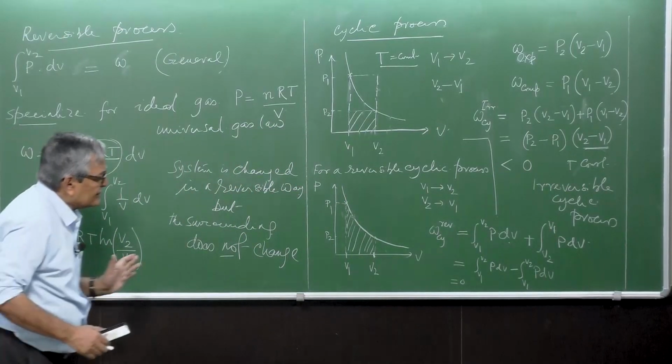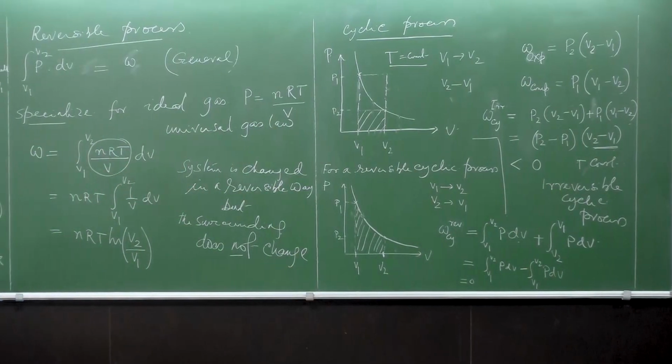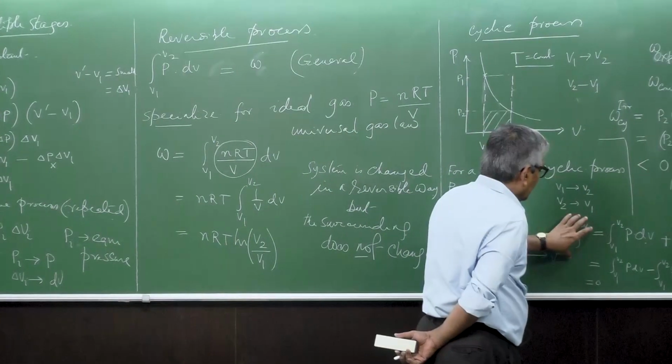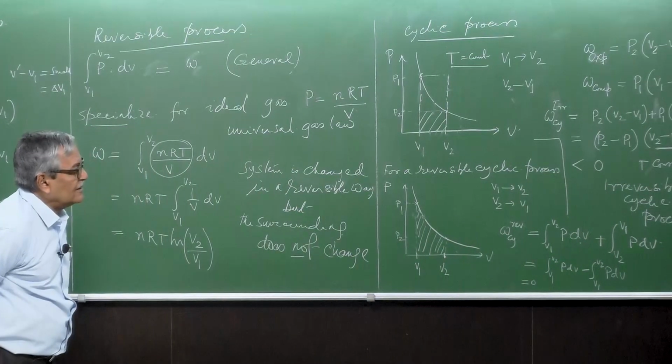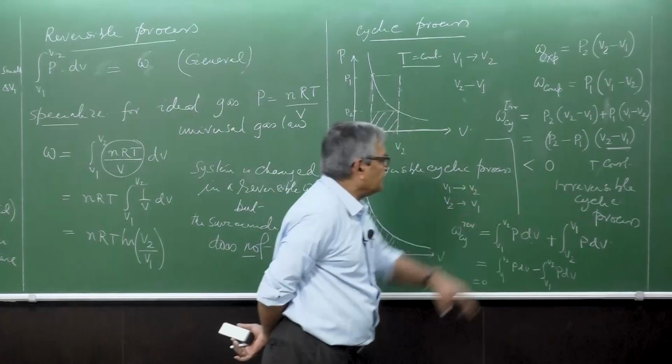If this is repeated infinitely, then I have a process in which there is no loss in the system. That is, the total work done over a cycle is 0. Here this is a negative quantity.